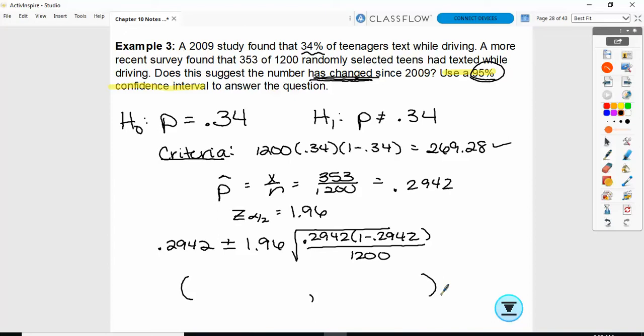We're just getting an interval. So you could type this in. I always do the minus first. If you hit second enter, you can bring it back up to be the plus.